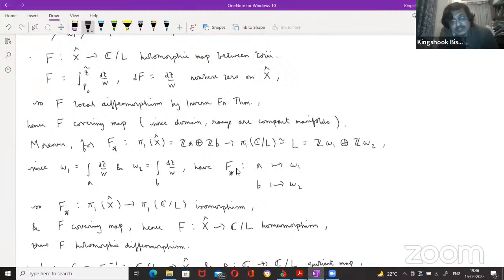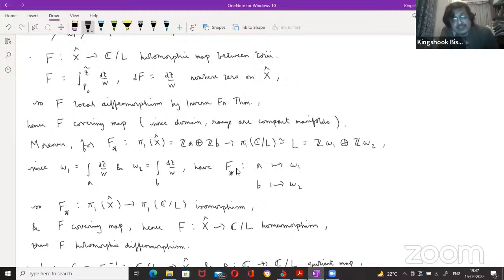So in other words, this maps the generators of this free abelian group A and B to the generators of this free abelian group omega 1 and omega 2. So therefore, this map between fundamental groups is an isomorphism, right? It maps generators of the free abelian group to generators of the free abelian group of rank 2. So this is an isomorphism.